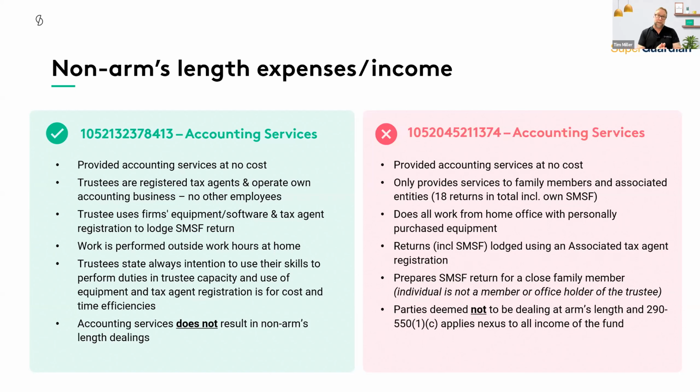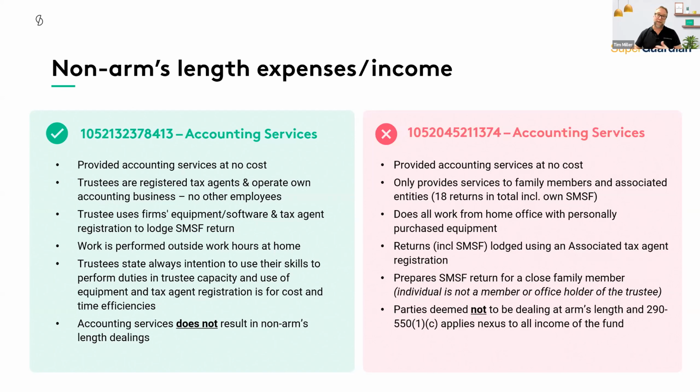Now that's a pretty significant outcome, but the key to this situation was it was somebody else's self-managed superannuation fund. If you see up the top, it talks about doing 18 returns, including their own fund. So there was no NALI issue with them doing their own fund with their qualifications. It's because they were actually doing the work for another fund within the family unit, and that family couldn't rely on the idea that it was the trustee who was performing the task.